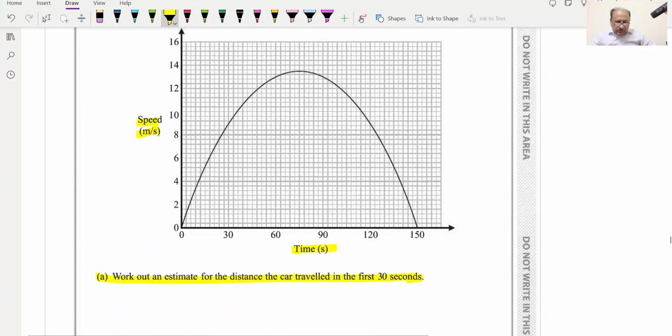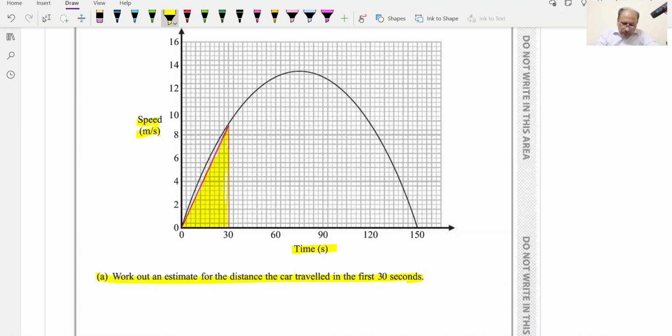For the first 30 seconds, to find the area we can take this triangular portion. This will be the area of the triangle, and to find this area, we can take 1 by 2 into base into height.